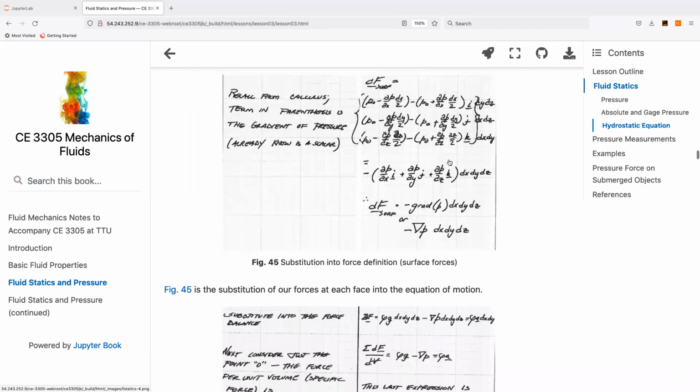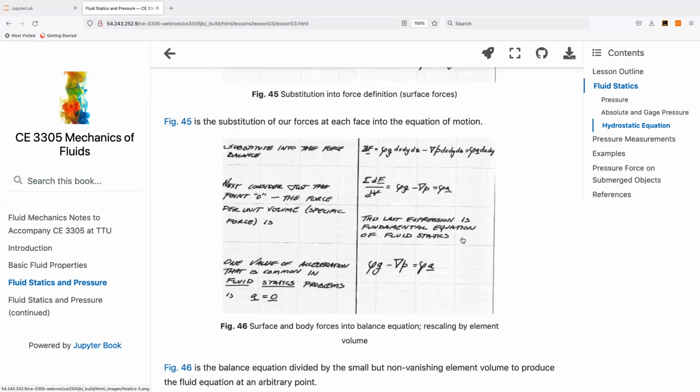So wanting to be compact in our writing, we'll state that the gradient of pressure times dx dy dz is equal to the sum of the surface forces. And so the surface forces can be replaced as the negative of the pressure gradient times the volume.